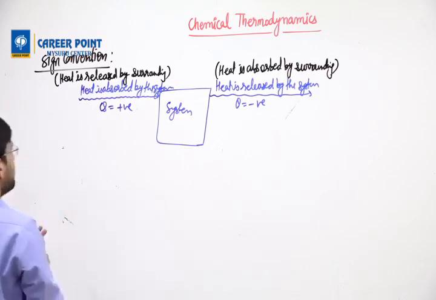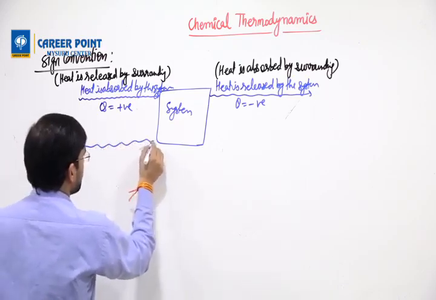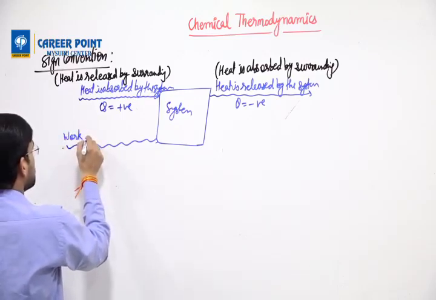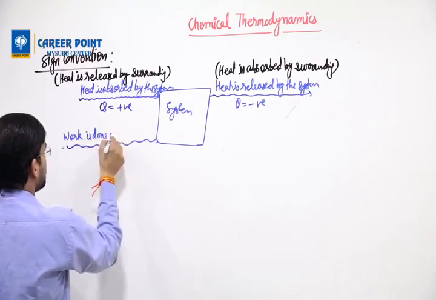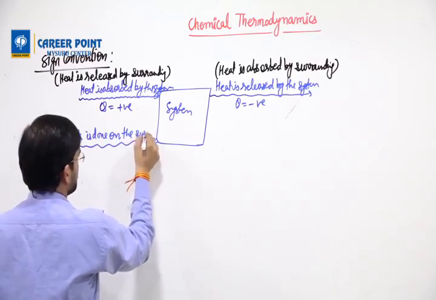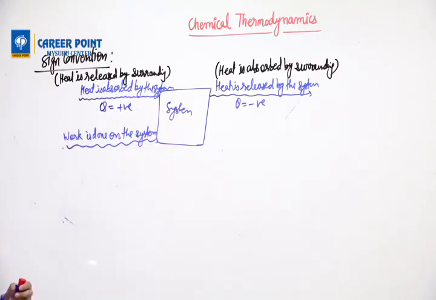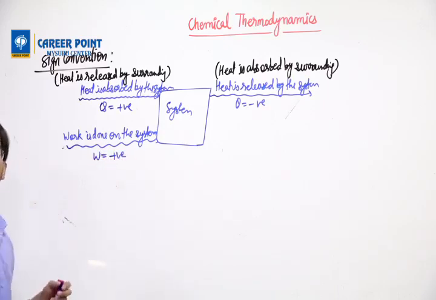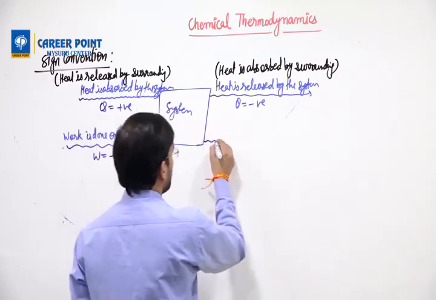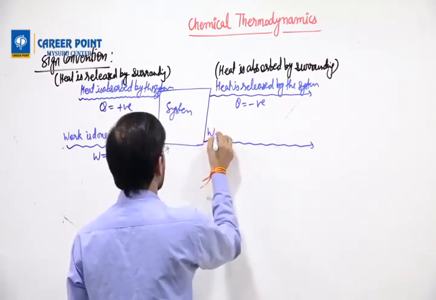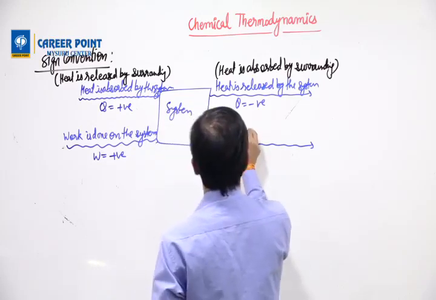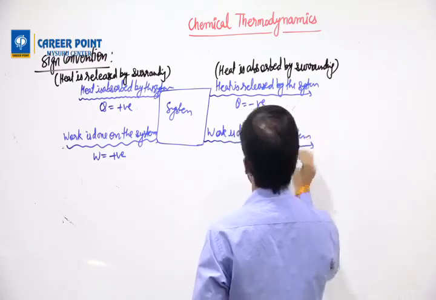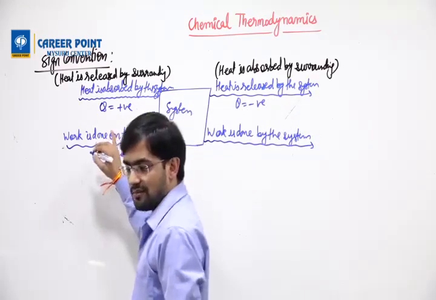Then next one is work. Work is done on the system. When work is done on the system, then W is positive.